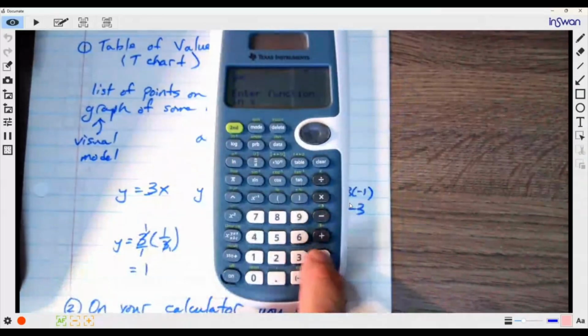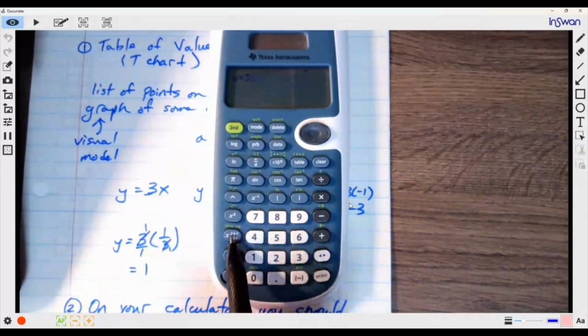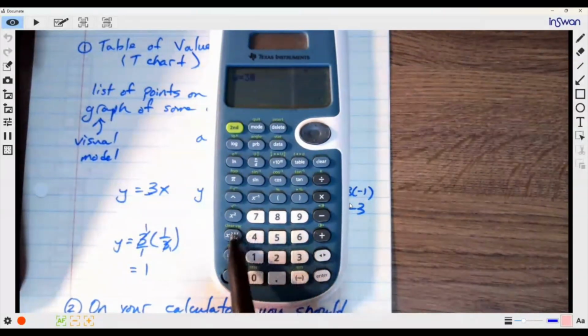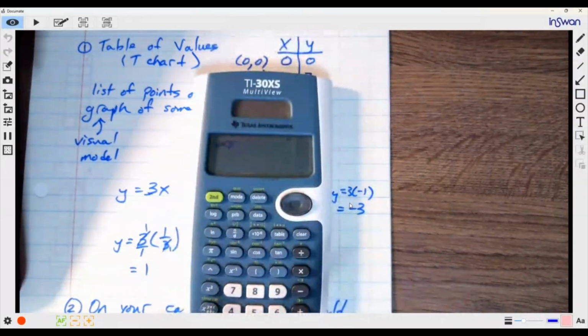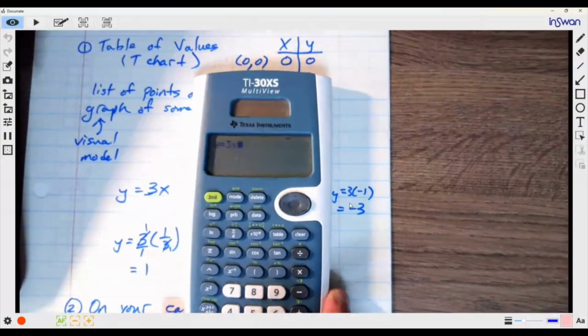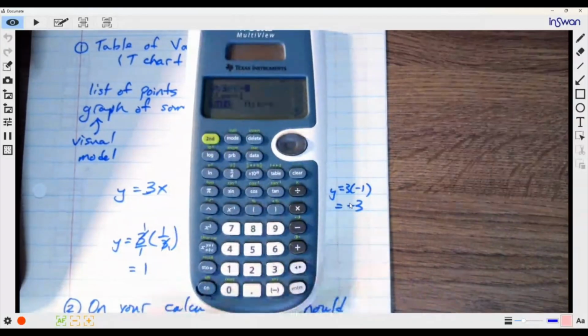So I'm going to hit 3, and then you might say, well, where's an x? There is an x right here. This button says x, y, s, t, a, b, c. That's your variable button. So when I hit that, it's going to put this funky looking x in there. Okay, you can see y equals 3x. And then I'm going to hit enter.